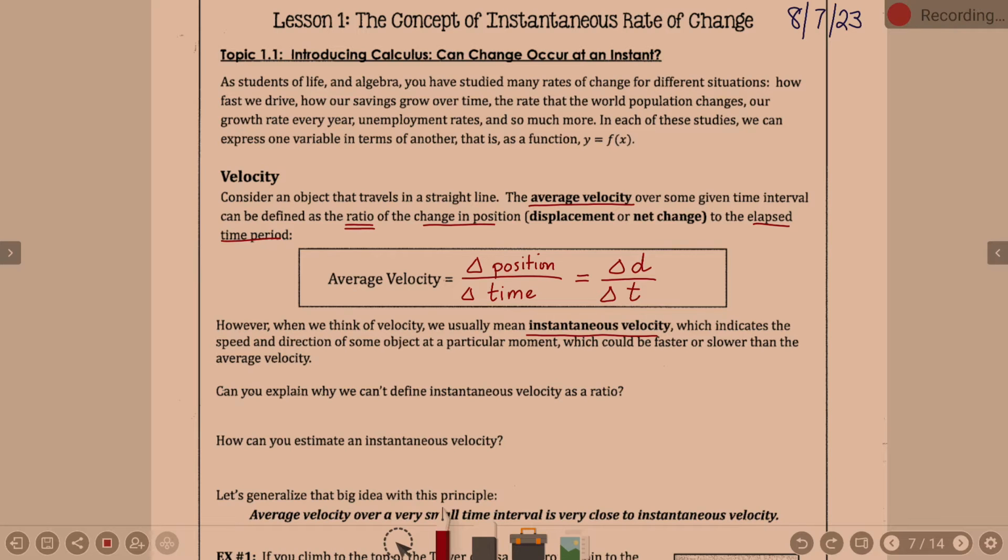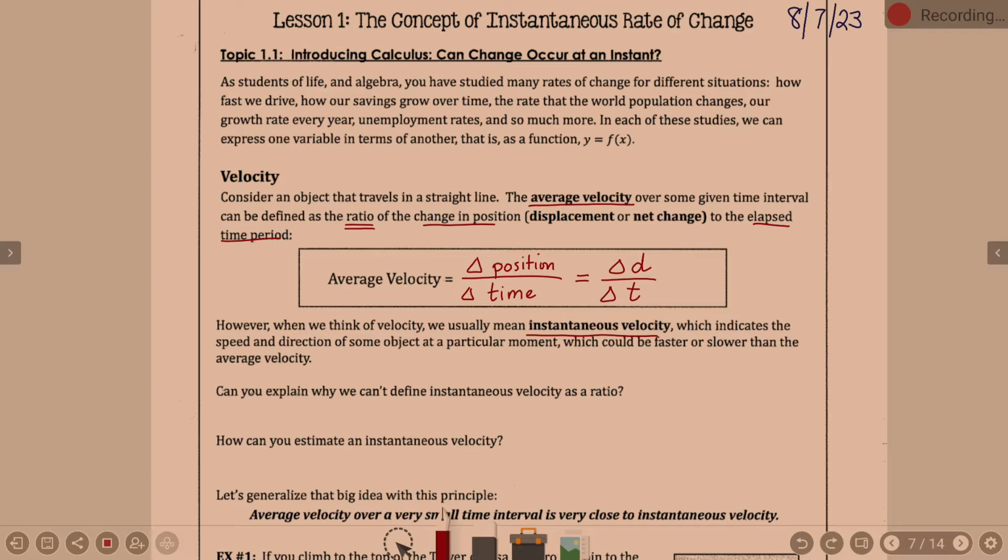Instantaneous velocity indicates the speed and direction of some object at a particular moment, which could be faster or slower than the average velocity. Think about the word: it's velocity at that instant, at that point in time.